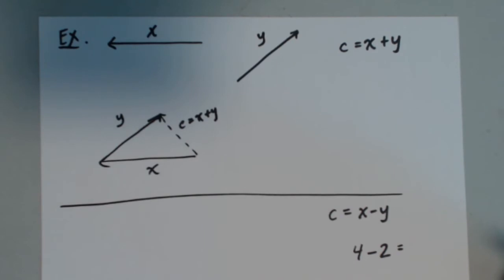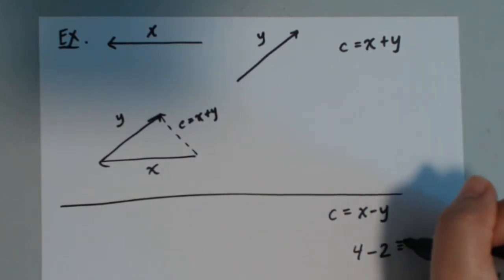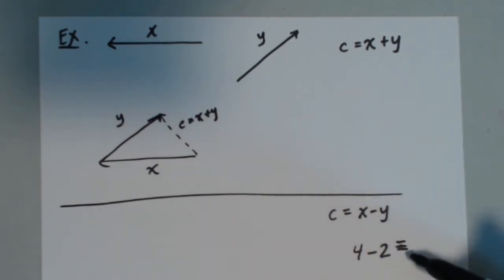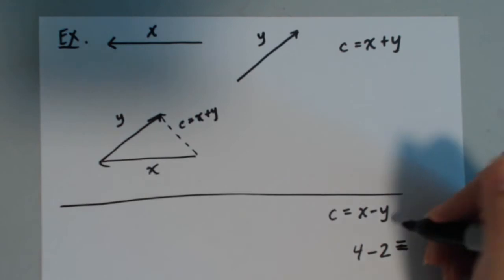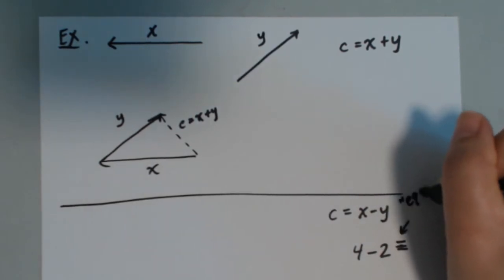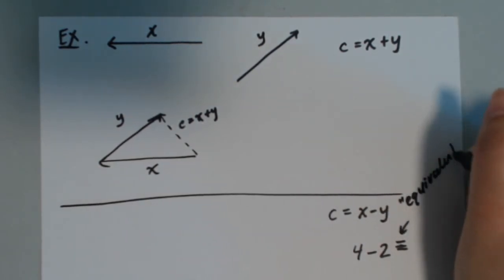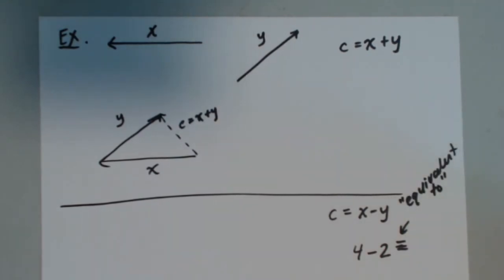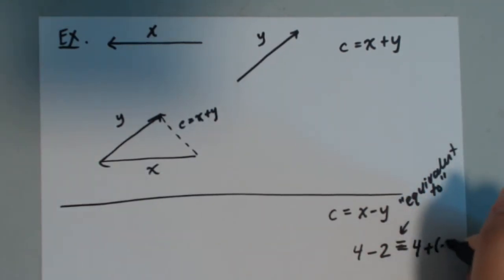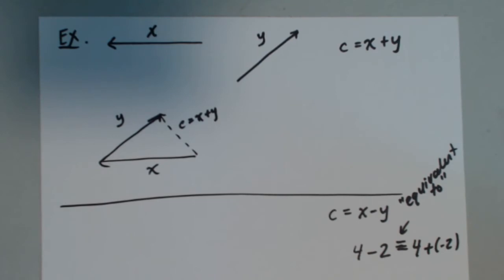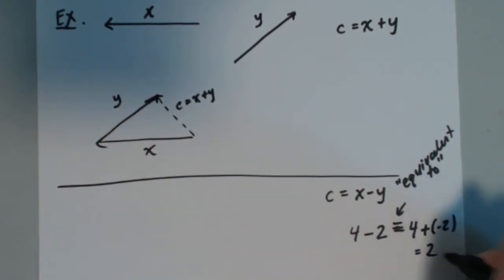Instead of seeing it as a difference, I want you to see it as a sum. 4 minus 2 is equivalent to, and in case you haven't seen this symbol before, when you have an equal sign with a third horizontal line, that means equivalent to. All right, so 4 minus 2 is equivalent to 4 plus negative 2. Same thing, right? And so the answer is just 2.